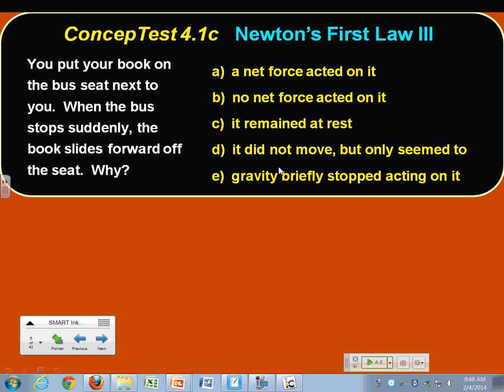The book is moving along at a constant speed in the bus, at the speed of the bus, but when the bus stops, the book keeps moving at that constant speed because a net force didn't act upon it. There was no net force acting upon it. What if the book didn't slide off the seat?